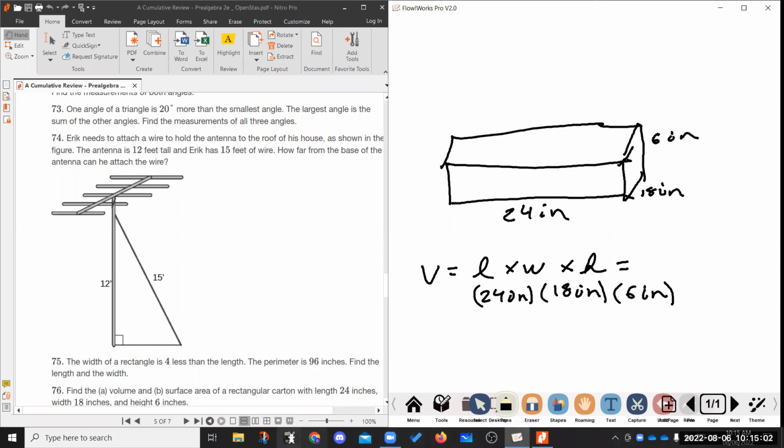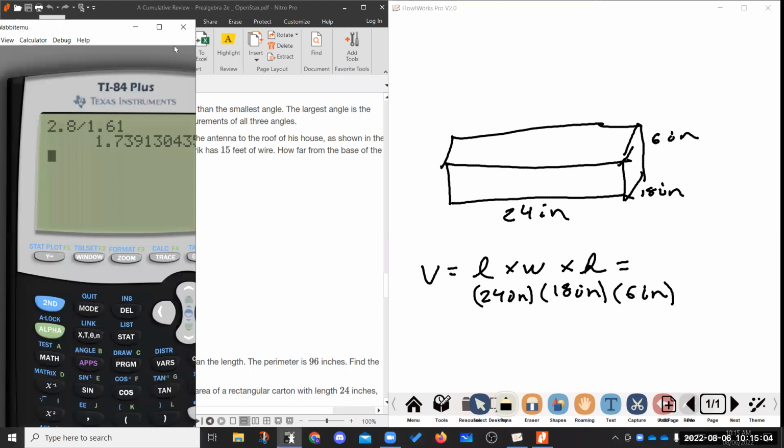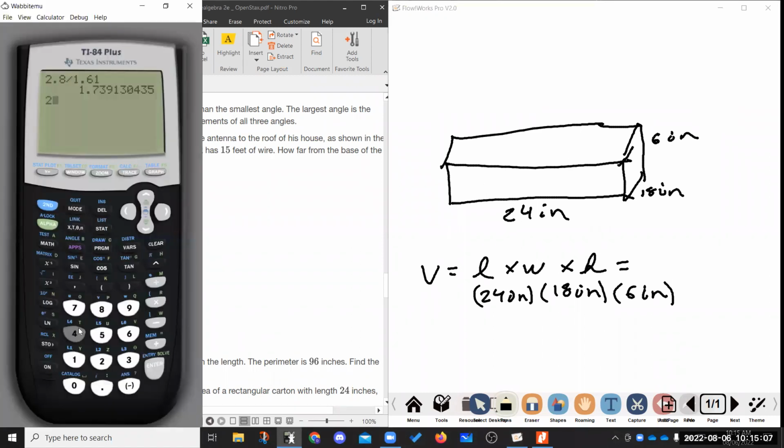Let's go ahead and use our calculator. 24 times 18 times 6 is going to be 2,592 cubic inches. All right, our surface area, I'm just going to call that capital S, is going to be the top and the bottom.